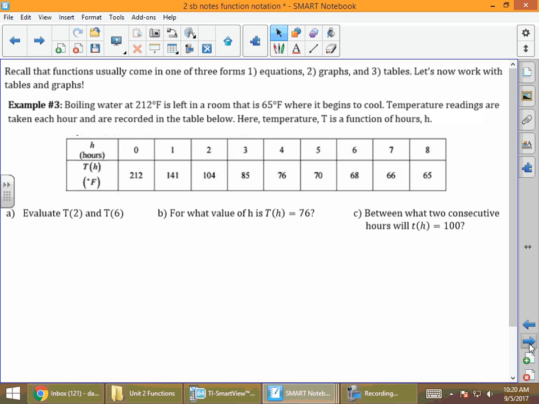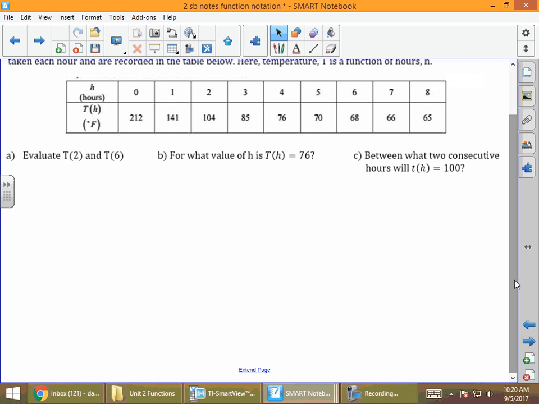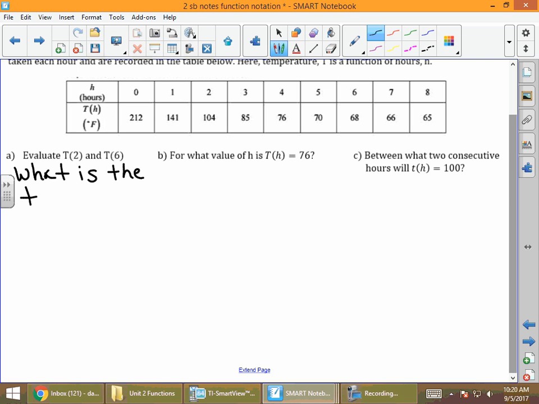And on part A, it says, evaluate T of 2 and T of 6. So what that means when we see T parentheses 2 is: what is the temperature at hour 2? And maybe you need to write that down, and maybe you don't.